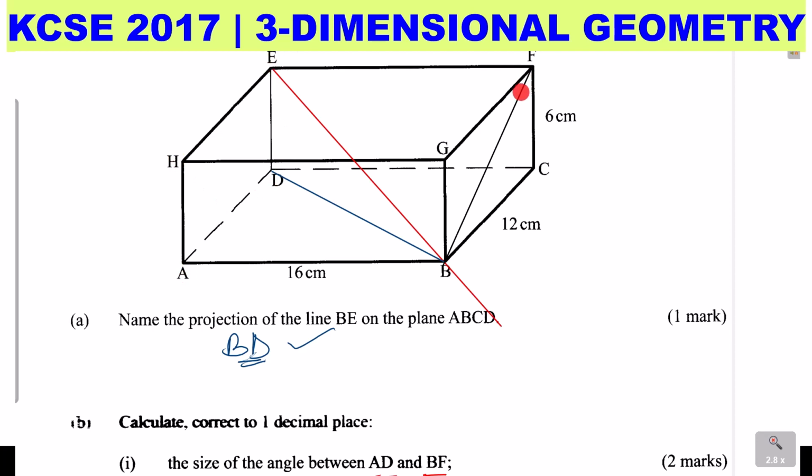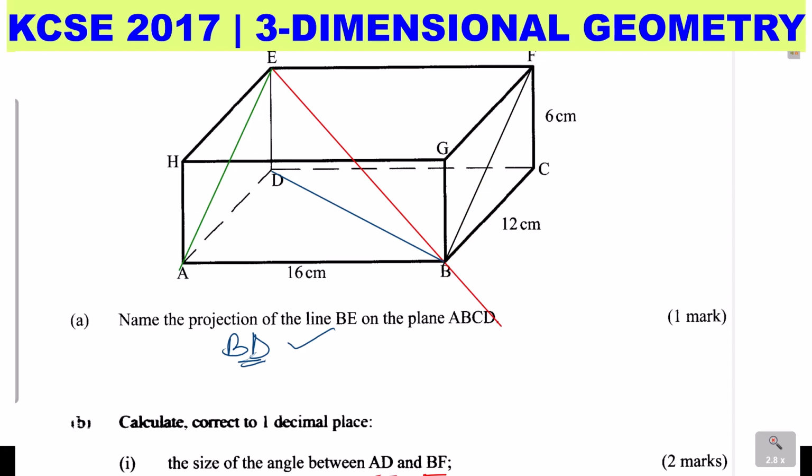So when you translate, this line is similar to the line that you're going to draw here. So let me draw it. When you look at these two lines, AE and BF, those lines are similar.